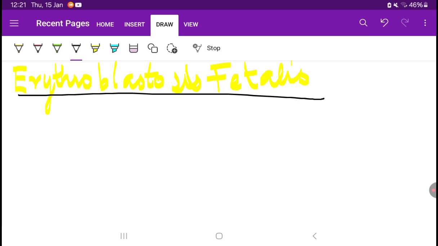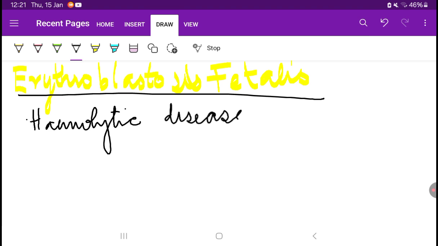This is generally a hemolytic disease of newborn. It's just a briefing of what is Erythroblastosis fetalis. It is a hemolytic disease which is caused to newborn.